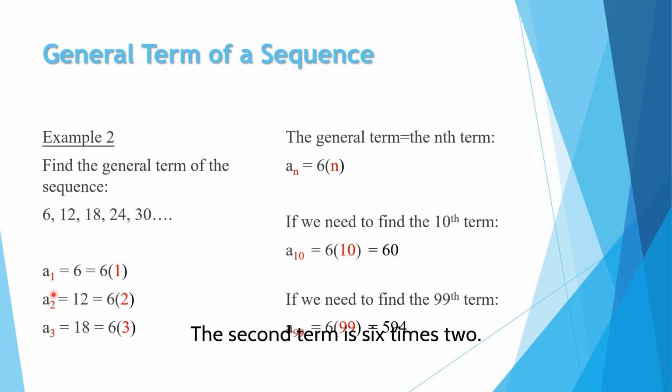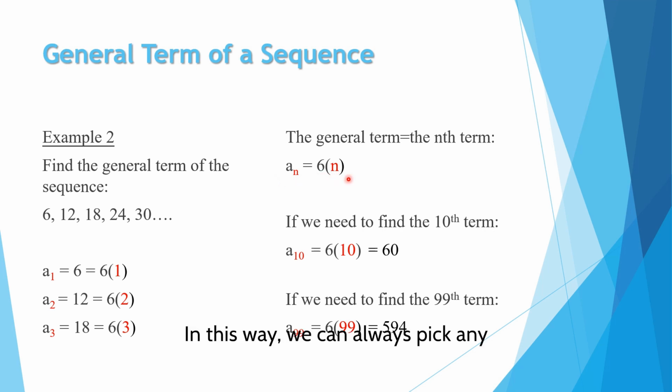The second term is 6 times 2, and if the term is 3, it is 6 times 3. So in general, we can say that the nth term is always 6 times n. That's why we can conclude that the general term is an equals 6 times n.